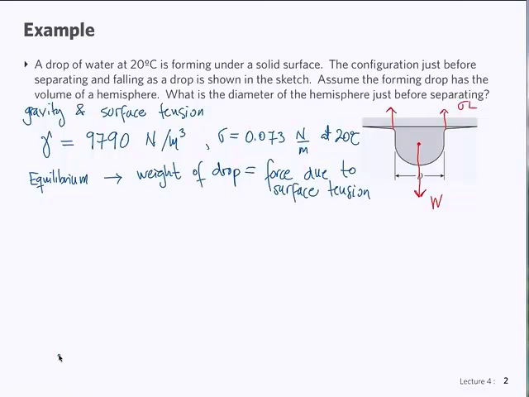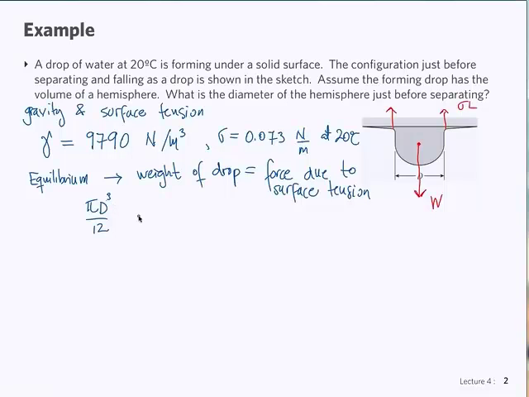For the weight of the drop we have, well, it's half of a sphere, so we calculate the volume of a sphere divided by 2 and multiply by the specific weight. So the weight would be pi d cubed over 12. This is a cube, this volume. Let me erase this, it's a mistake. Cube. You of course can have tables of volumes of things like that in your book.